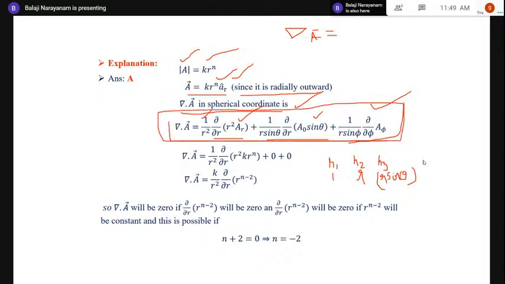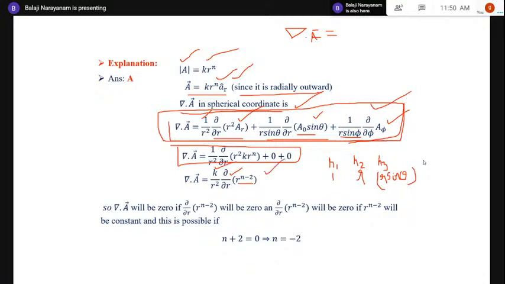Del dot A is 1 by r square dou by dou r of r square A r, plus 1 by r sin theta dou by dou theta of A theta sin theta, plus 1 by r sin theta dou A phi by dou phi. You may find del dot A easily, making use of this identity. Del dot A is equal to k by r square dou by dou r of r power n plus 2, which we may write as r power n minus 2.